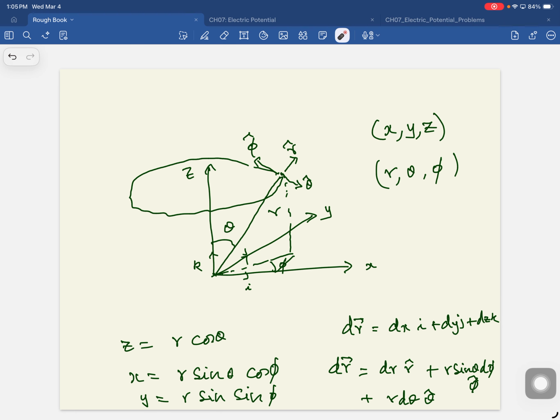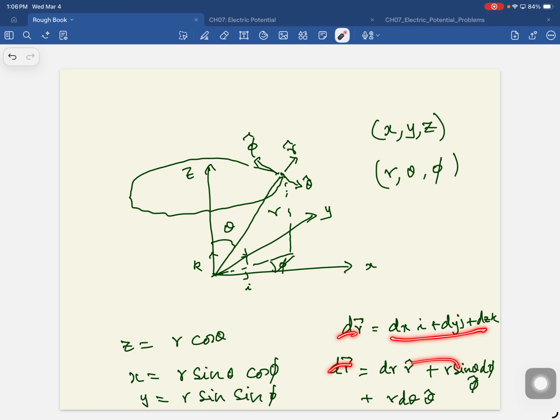Generally I would write this second and that third. Again, this is an infinitesimal displacement. This is parallel to the x-axis, the y-axis, the z-axis. This is parallel to the r hat axis, this is parallel to the phi hat axis, and this is parallel to the theta hat axis. Again, it's the same displacement.